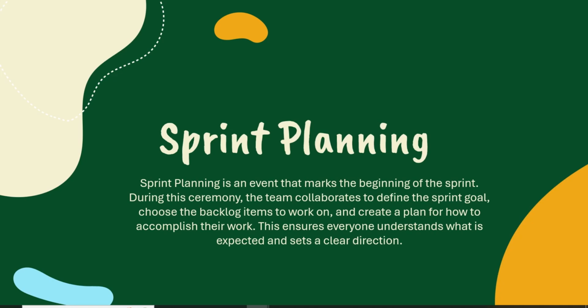The second activity will be to select product backlog items. A product backlog is a prioritized list of all work to be done in the product. It is dynamic, continuously refined, and maintained by the product owner.